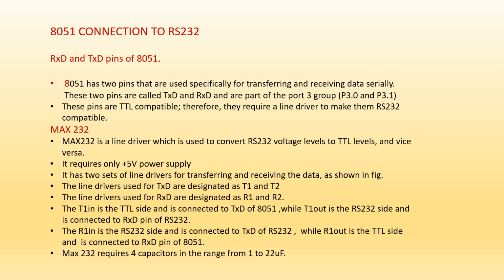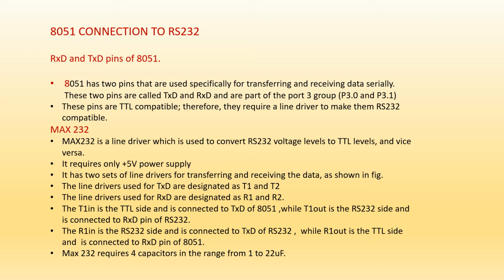The MAX232 works with only one power supply, +5 volts. It has two sets of line drivers for transmitting and receiving the data. The line drivers used for transmitting are called T1 and T2, and those used for receiving are called R1 and R2.